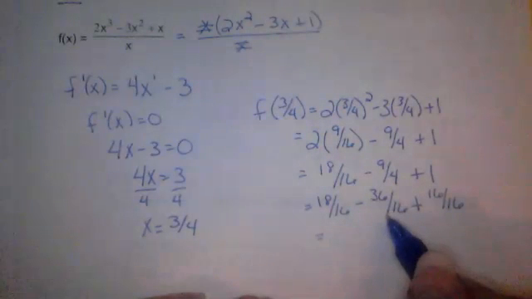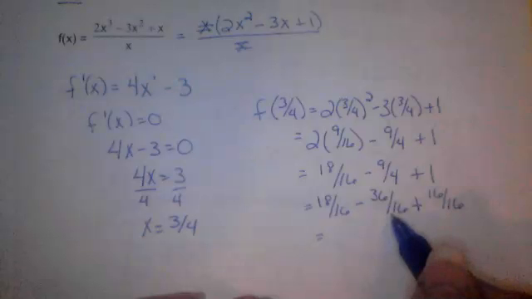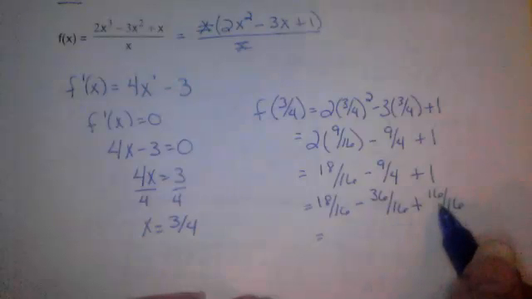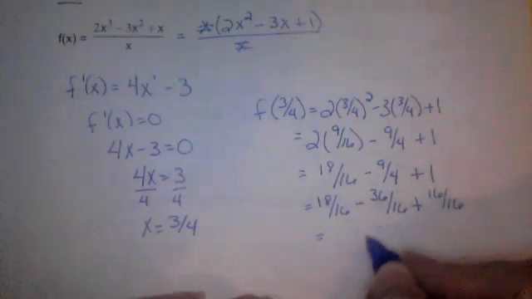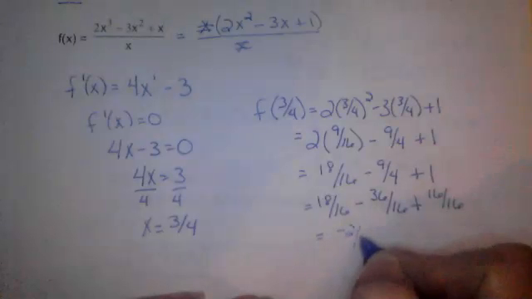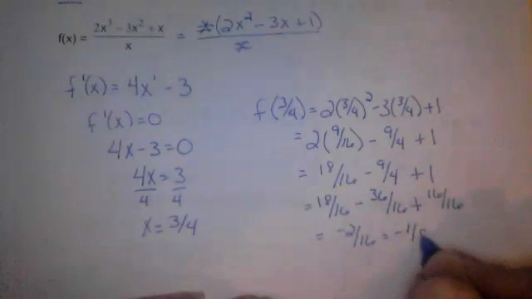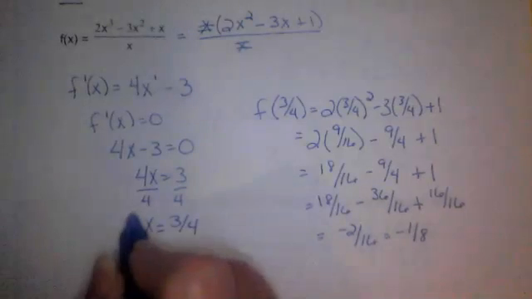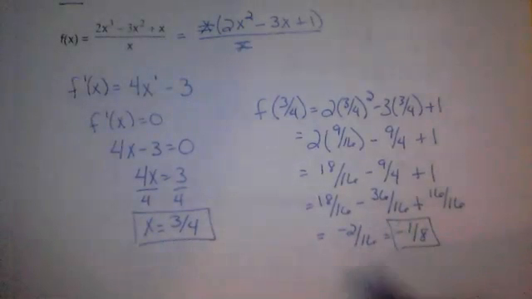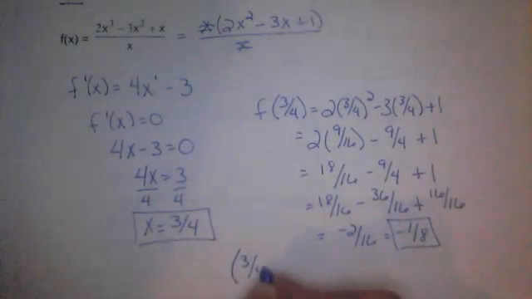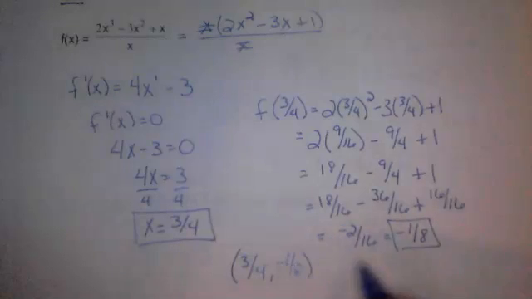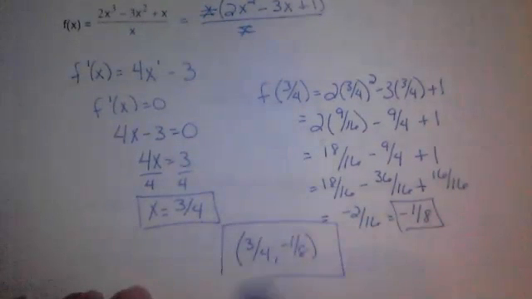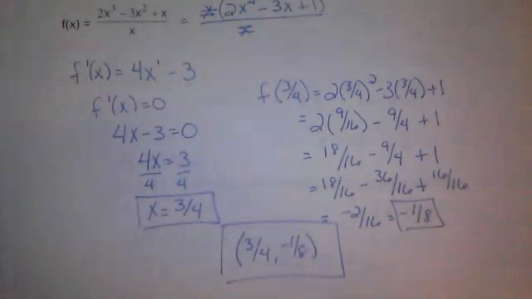So we have negative 18/16 plus 16/16. So we get negative 2/16, or negative 1/8. So here's our x, here's our y. So the point would be 3/4, negative 1/8. That's where this function has a horizontal tangent line.